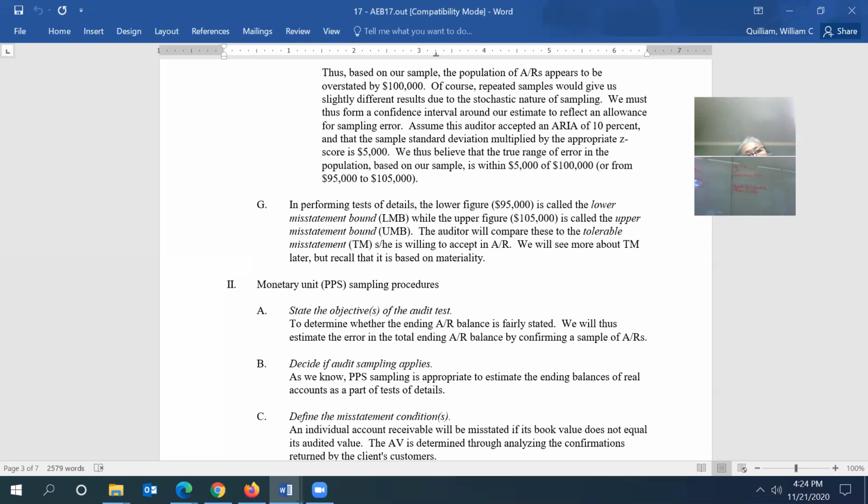Okay. If tolerable misstatement is less than 105,000, we will conclude that the population is not fairly stated.